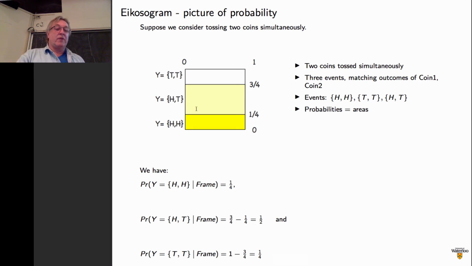The probability of one landing heads and one landing tails is going to be 1/2, 3/4 minus 1/4. And the probability of both landing tails is going to be 1/4, 1 minus 3/4. Okay. And so this picture, with the areas being the probabilities, corresponds exactly to this symbolic representation we have. All right? So far, so good?